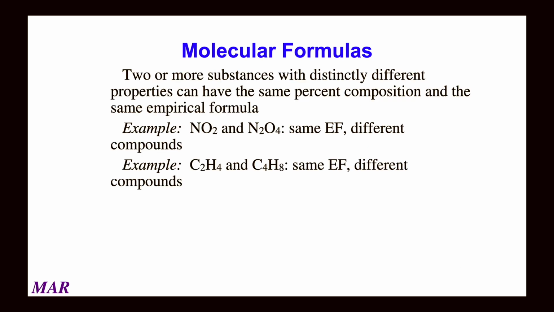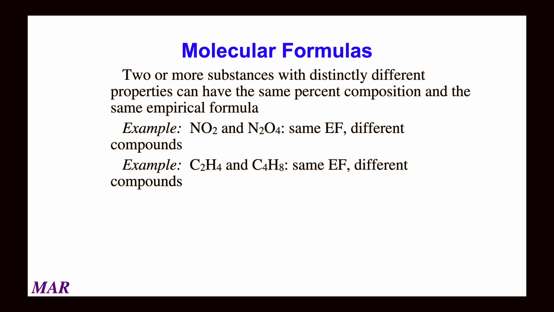Having the empirical formula is cool, but it may not be the final answer. We saw some examples earlier where empirical formulas and molecular formulas were the same, but we also saw some where they were different. So for example, NO2 and N2O4 would be the same empirical formula. NO2 is a compound. It's a pollutant. It's kind of funky. It's also a clear gas.